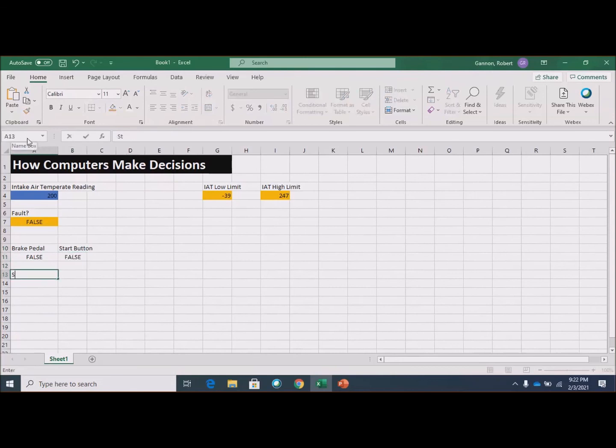Now the question is, do we start the vehicle? So here's what it's going to be.